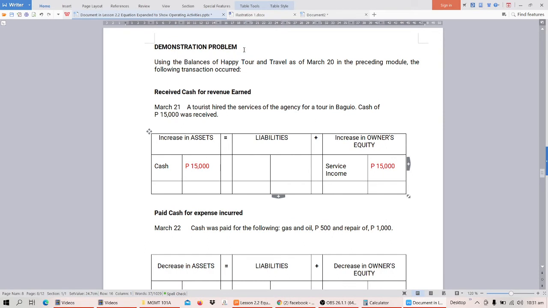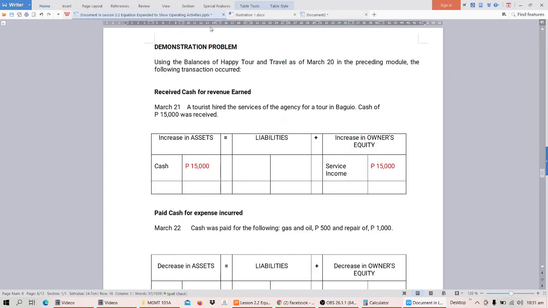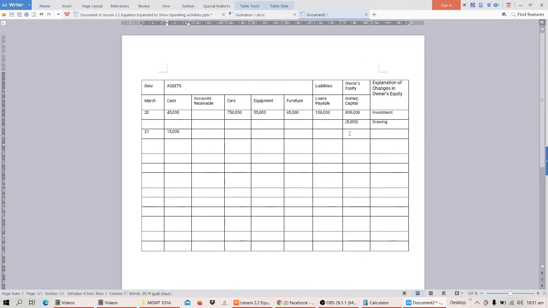On March 21, there will be an increase in cash amounting to 15,000, and then at the same time, an increase in your owner's equity in the form of service income by 15,000. This will be your service income.